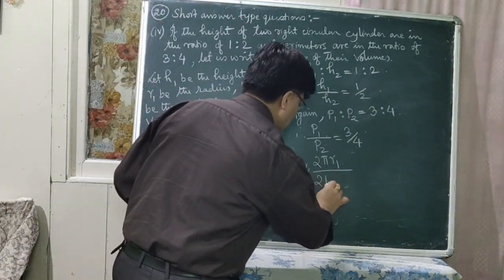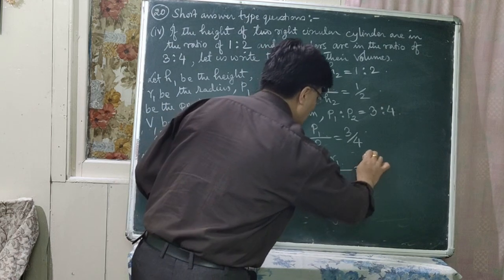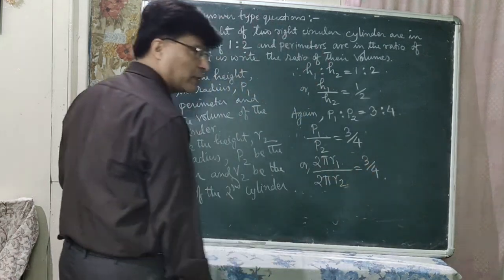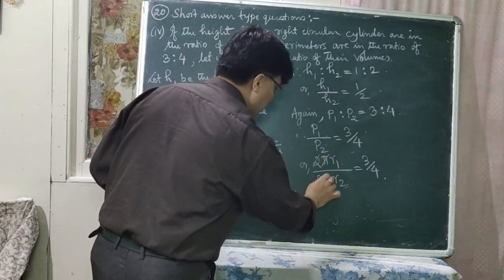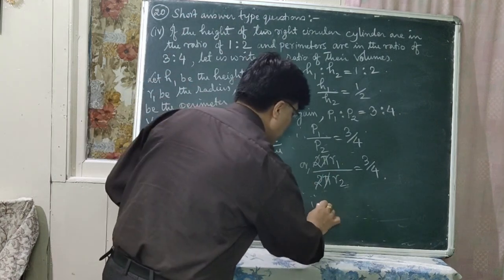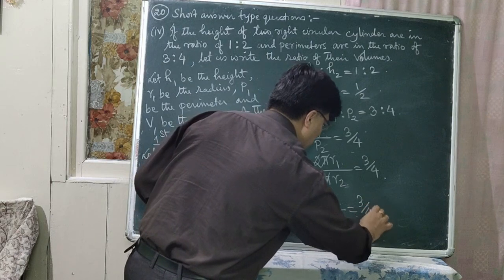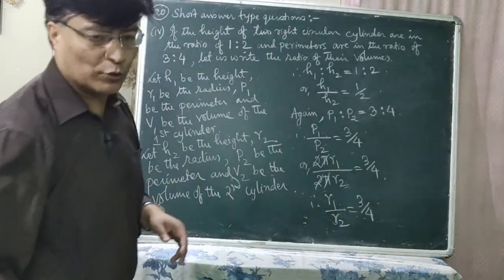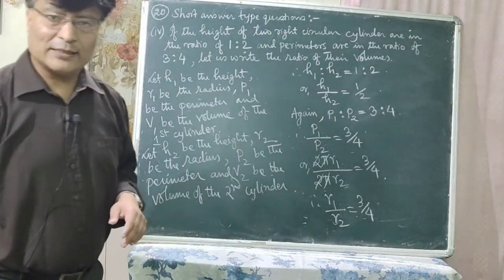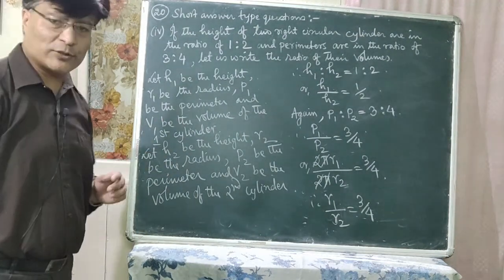So 2 pi r1 divided by 2 pi r2 is equal to 3/4. Here 2 pi cancels with 2 pi. So what do we get? r1 upon r2 is equal to 3/4. Is that clear to all of you? I think you have understood it.